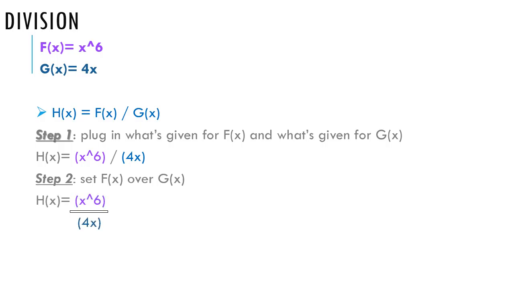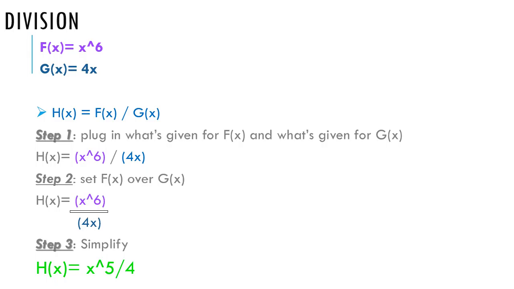So now when we do this, it's going to be easier for us to do the actual division part. So now we have h of x is equal to x to the sixth over 4x. And our last step is to simplify and to divide. So when we simplify and divide this, our answer is going to be h of x equals x to the fifth divided by 4.